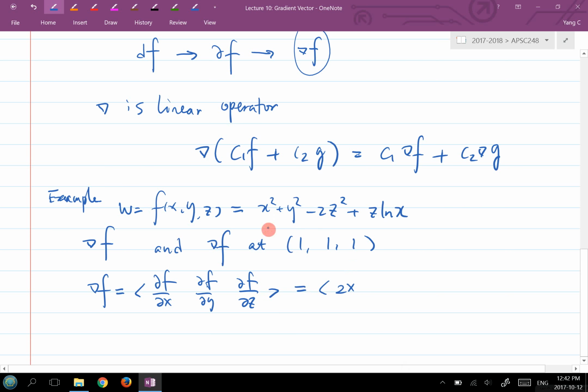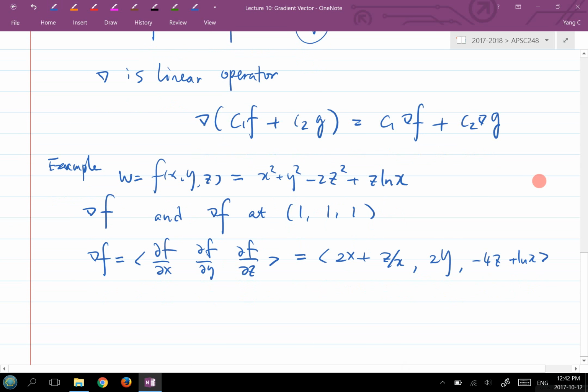The first term gives 2x, then the last one is z over x. Second, the partial derivative with respect to y, everything else is constant, so only this term has y, giving 2y. Last, the partial derivative with respect to z, so negative 4z, and the last one here, ln x. So those are the 3 partial derivatives for this gradient vector.